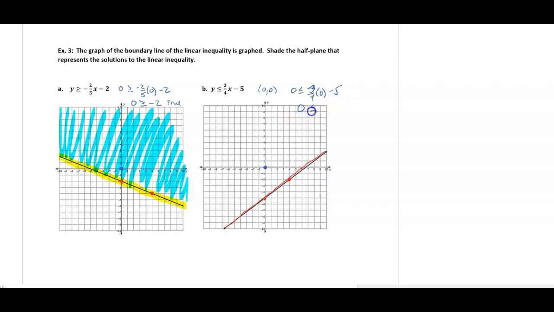Is 0 less than or equal to -5? That is false. If it makes a false statement, it should not be in the shaded region, which tells you to shade the other side of the line. Okay? So again, if it makes a true statement, you shade over the line. If it makes a false statement, you shade away from the test point.